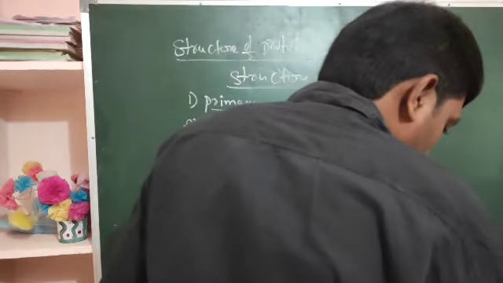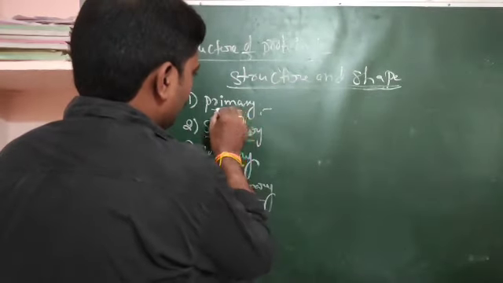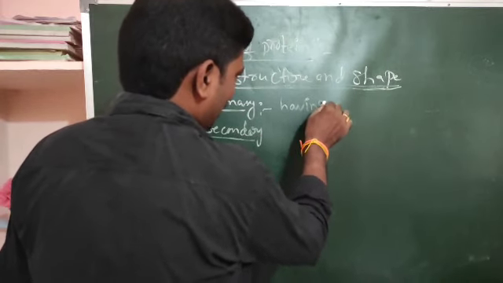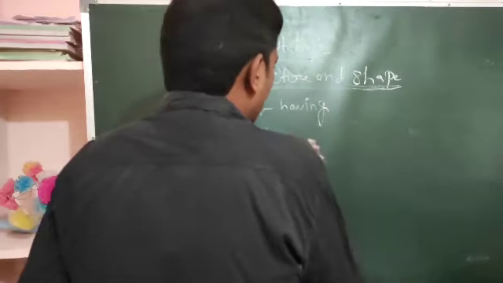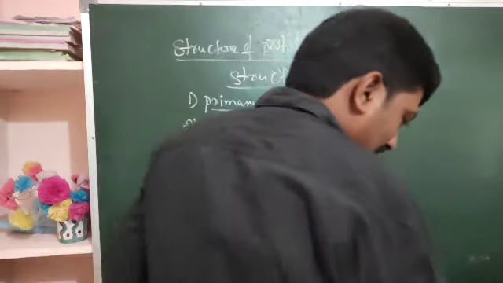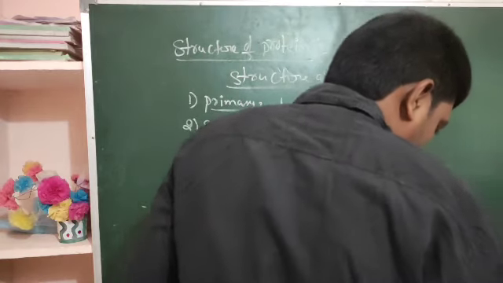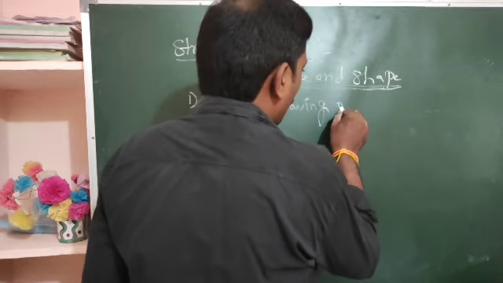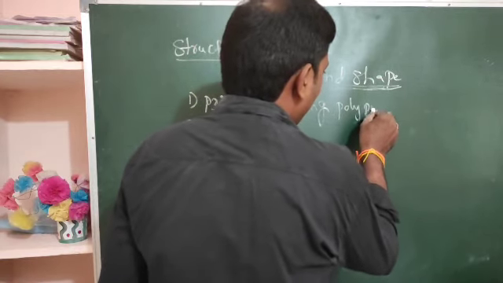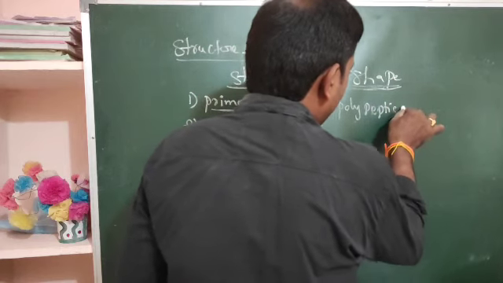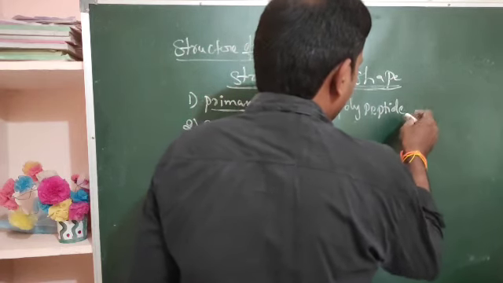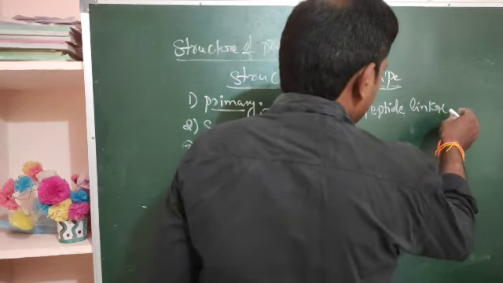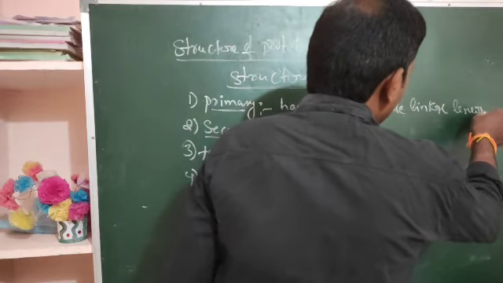Now, primary structure. Based on structure and shape, this protein has a polypeptide linkage in a linear shape.